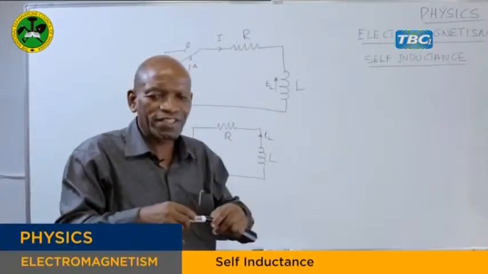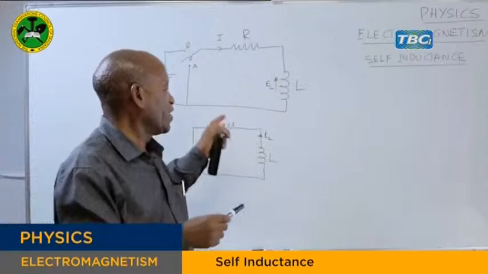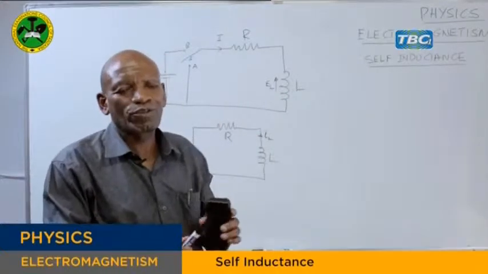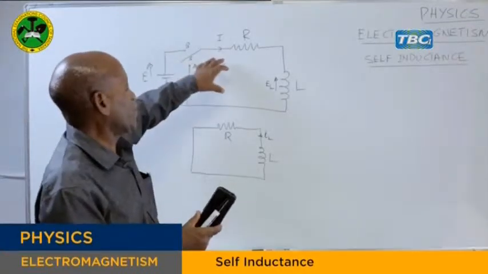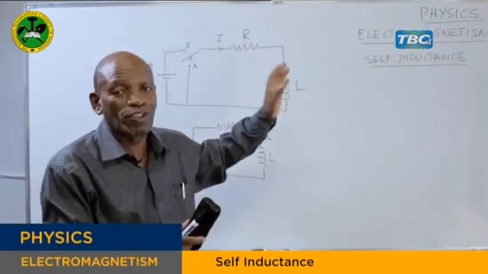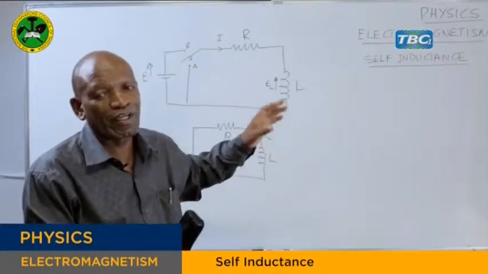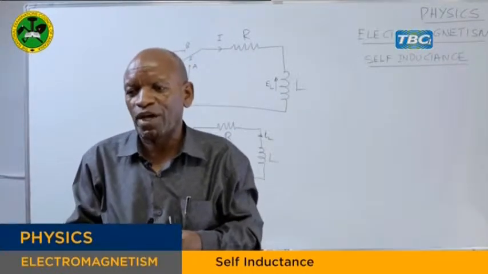And this current will now be decaying from an initial value to a particular value. This is what we call an exponential decay. The growth of the current in the first part was also exponential, and whenever it decays, it is an exponential decay. We can see these equations.